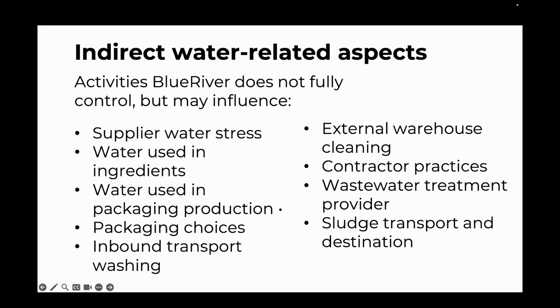Now, indirect aspects are sometimes more difficult because they happen outside BlueRiver's immediate operations, but they may still be relevant. For example, a packaging supplier may operate in a water-stressed region. BlueRiver does not control that supplier's water management system, but it may influence supplier selection, purchasing criteria, audits, specifications, or improvement expectations.